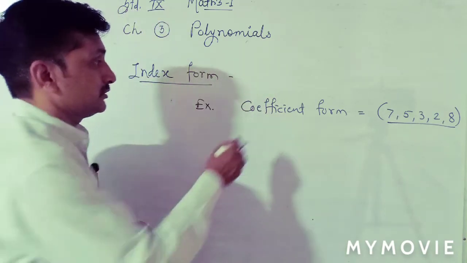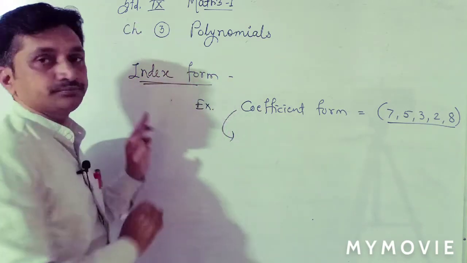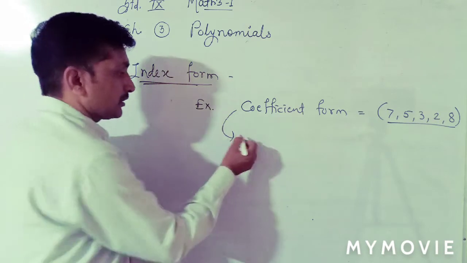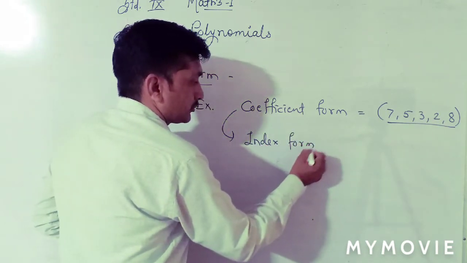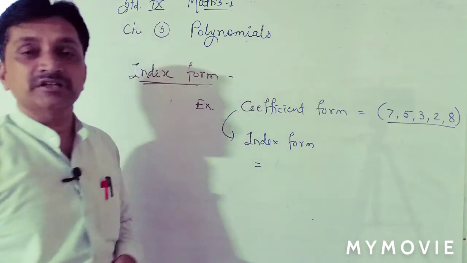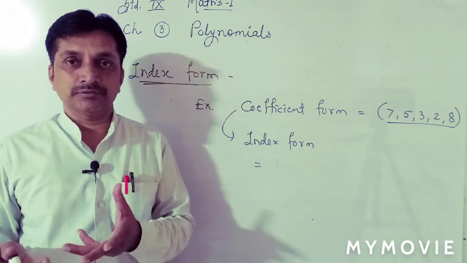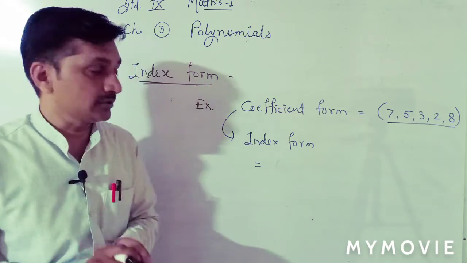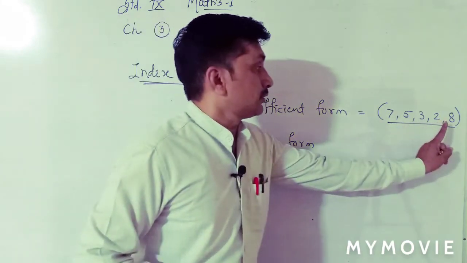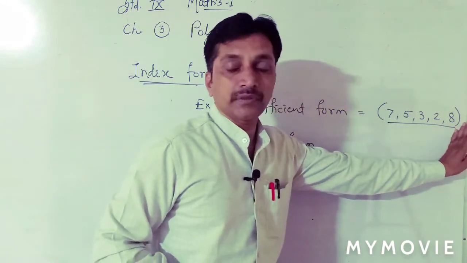Now how to write that? We have to write this coefficient form into index form. Index form is equal to, now which variable do we have to use? x, generally the x variable, if not given in the example. We have to start counting the powers from the right side.